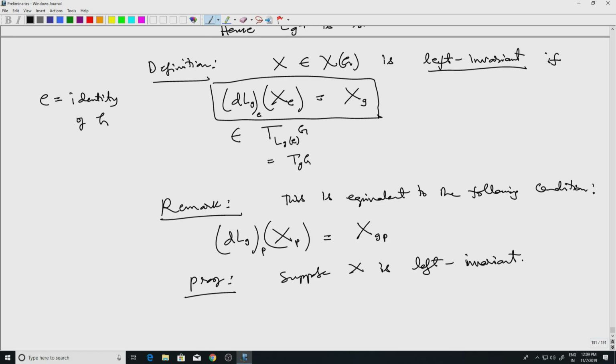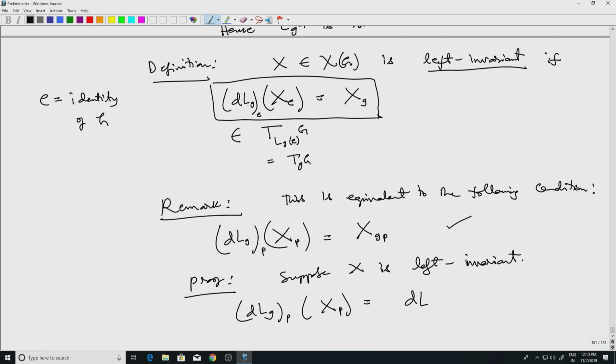I want to check this thing here. So let me just plug in XP here. Now, according to the original condition, X at any point is given by the left hand side here. So let me use that.